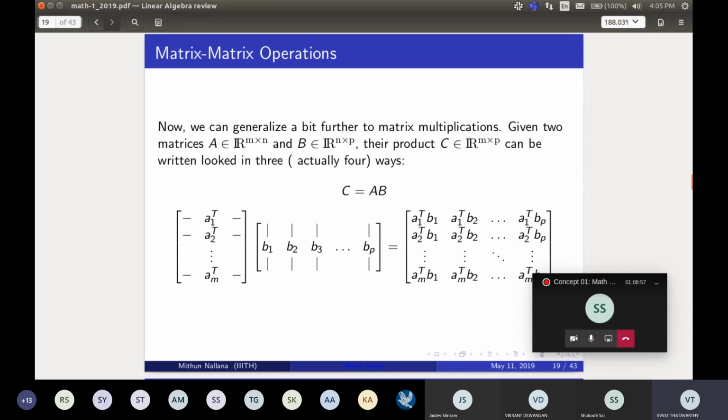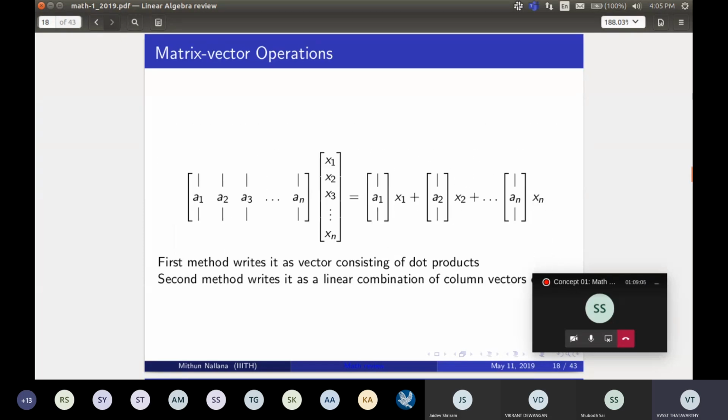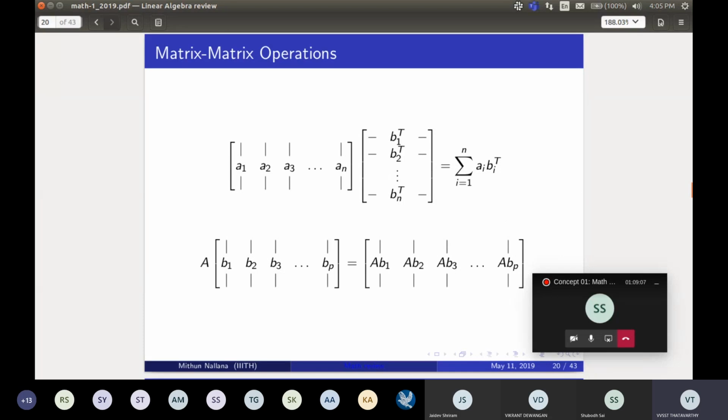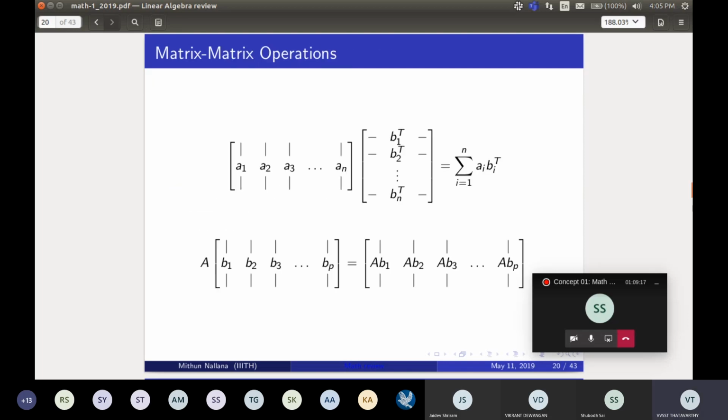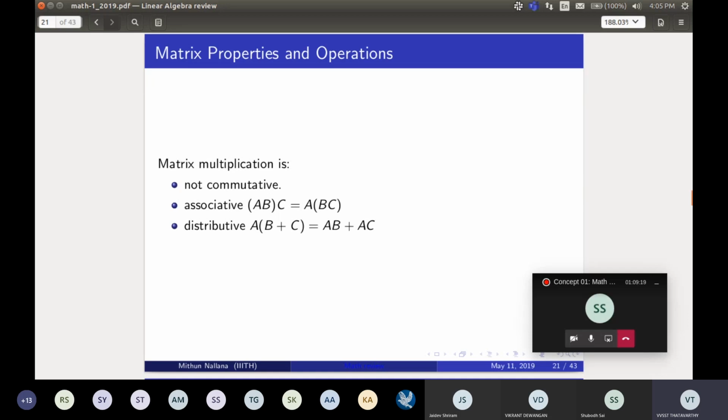B2 is a column vector and you can just multiply the same thing from the dot product picture. Or you can see them from the linear combination of column vectors picture. In that case, A will be a linear combination of the columns of B, or you can take the other way around also. So that is how matrix and matrix products can be done.